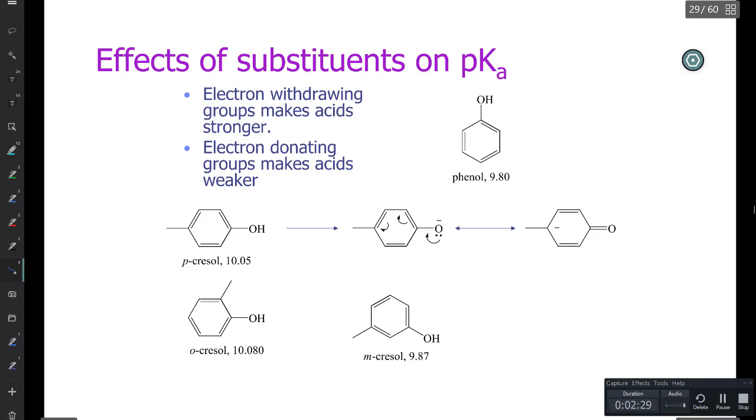The result is it bypasses this electron donating group. So they tend to be slightly stronger. In fact, it's close to phenol as it is to cresol. It kind of splits the middle, in between the two.